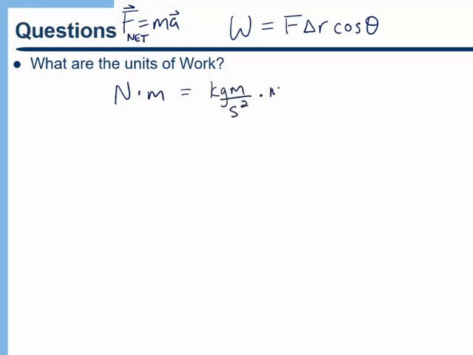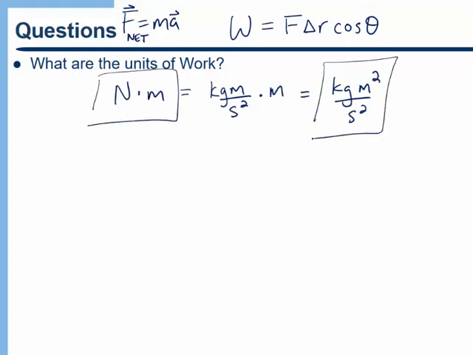So we have that times meters, or a kilogram meters squared per second squared. So newtons times meters, or kilogram meters squared per second squared. Now, because work and energy are such important concepts, we define a new unit, and we define the unit of the joule. So 1 joule is 1 kilogram meters squared per second squared.